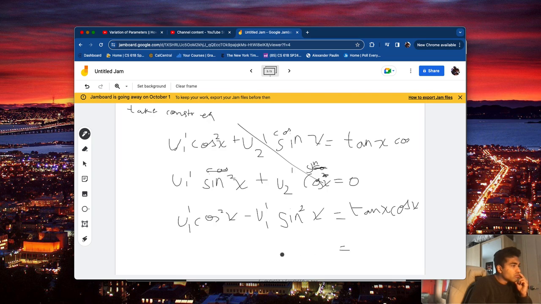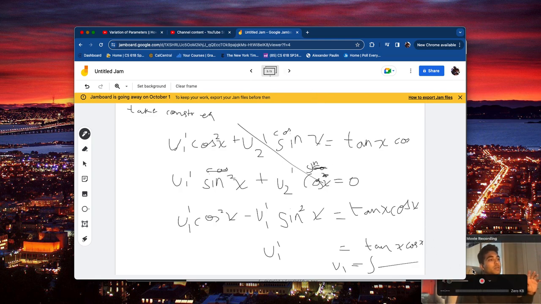So then you get u1 dash, since cos square minus sine square x is 1, equal to tan x cos x, and then u1 is the integral of that. Then you substitute it and find u2. Yeah, that's it.